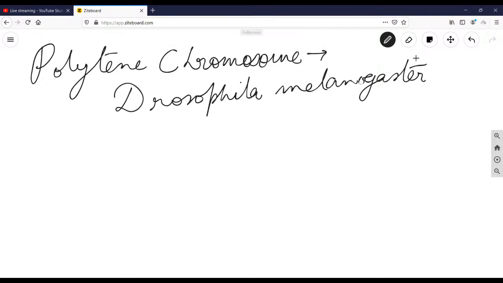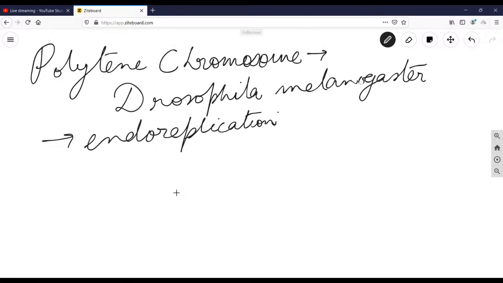They are produced by the endoreplication theory, or simply known as endoreplication. It means after replication there is no segregation of chromosomes. They keep on getting produced. 10 rounds of endoreplication happen during the S phase, and there is no segregation of chromosomes in the M phase.